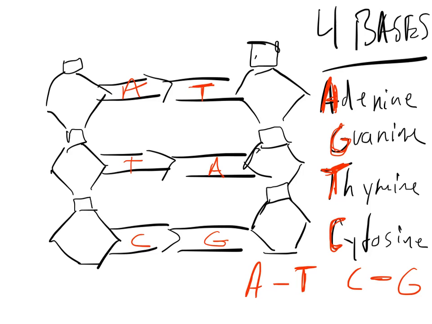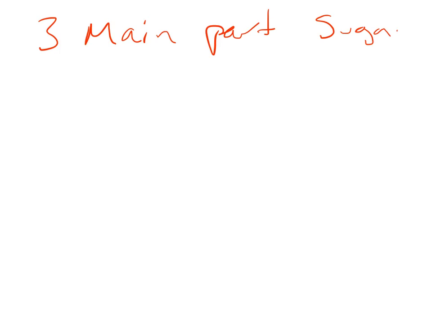All right, so let's just kind of recap it here real quick. If I go another slide, what do we have? We have three main parts. So I'm going to write three main parts. And what are they? They're the sugar, acid, and base, right?